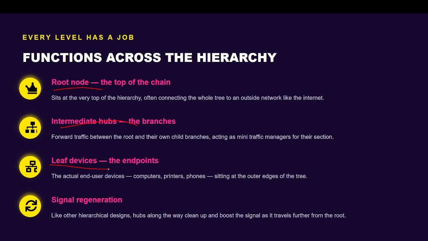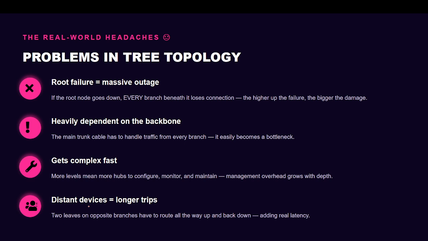Leaf devices are the endpoints, your actual laptop, printer, phone sitting at the outer edge. And just like other hierarchical designs, hubs along the way clean up and boost the signal the further it gets from the root. So, signal regeneration.